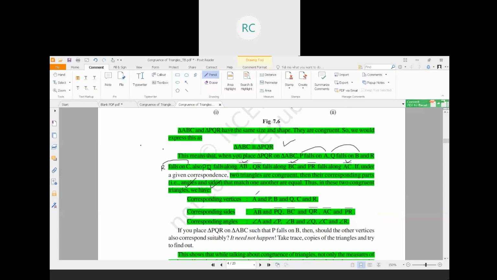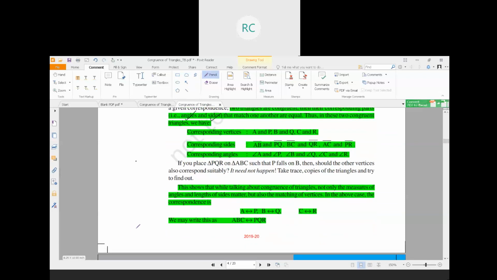So corresponding vertices will be A-P, B-Q and C-R. Corresponding sides will be AB-PQ, BC-QR and AC-PR. Similarly, corresponding angles would be angle A with P, angle B with Q and angle C with R.